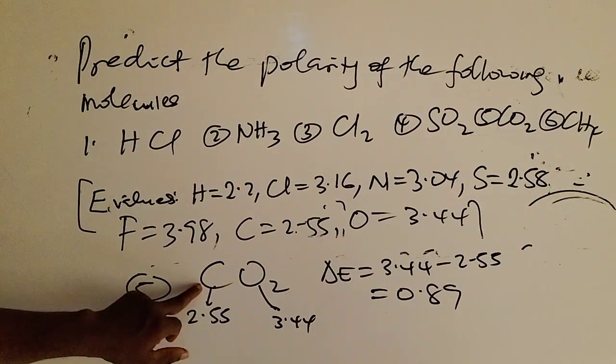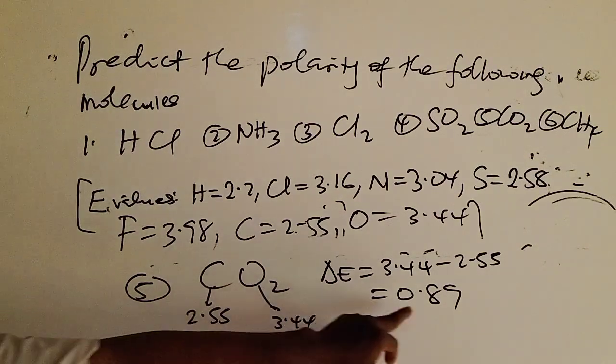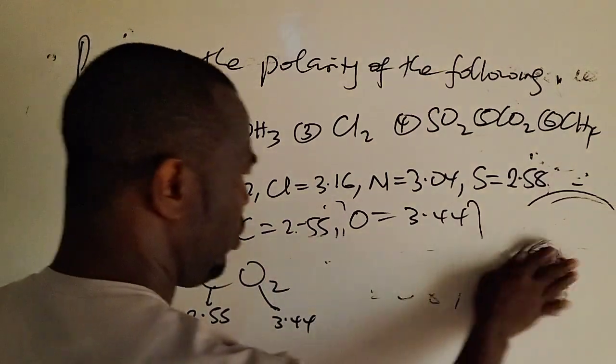But we're going to look at the structure of CO2, the geometry, and see whether it's going to be polar or not. As we said, a molecule can have an electronegativity difference that is very large, more than 0.4, and still at the end not be polar, depending on the shape. Let's look at the shape of CO2.